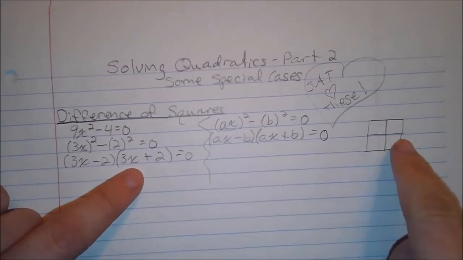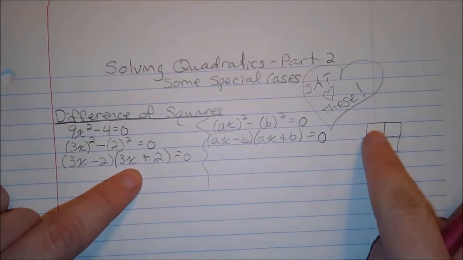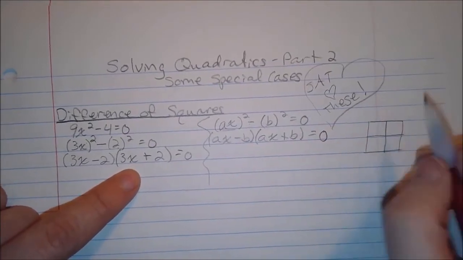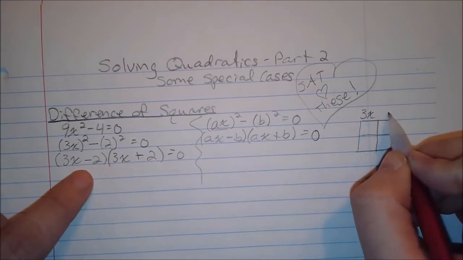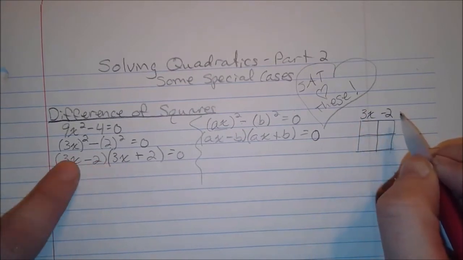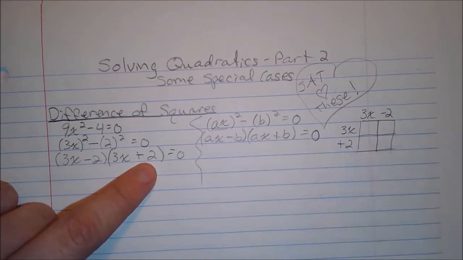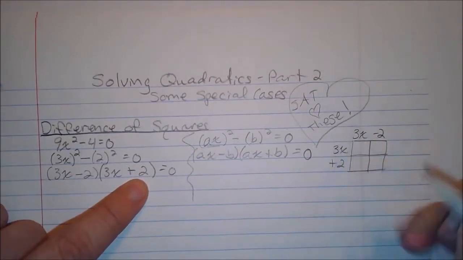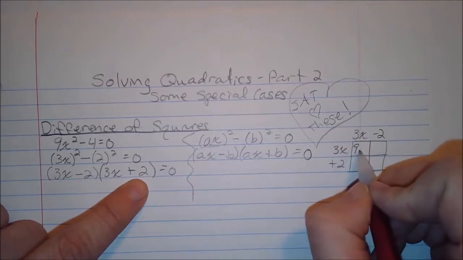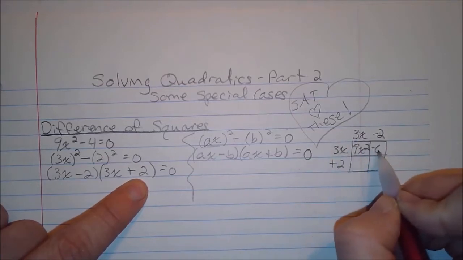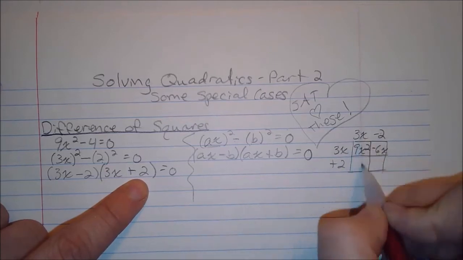Let me show you why that works. So you might have learned the box method for multiplying, or you might have learned FOIL, whichever one. It works either way. If you take this binomial times this one, and you go ahead and multiply them together, so 3x times 3x is 9x squared. 3x times negative 2 is negative 6x. 3x times 2 is positive 6x.